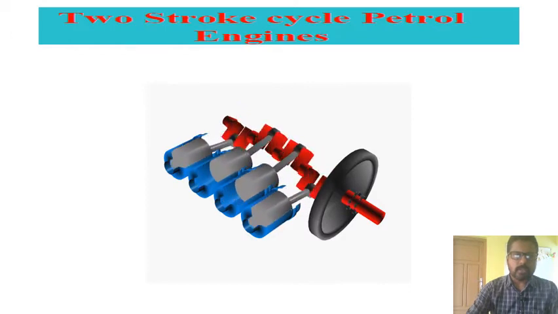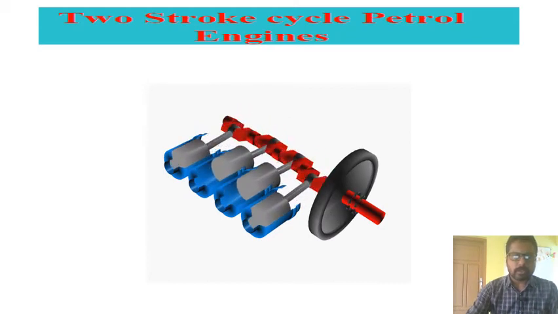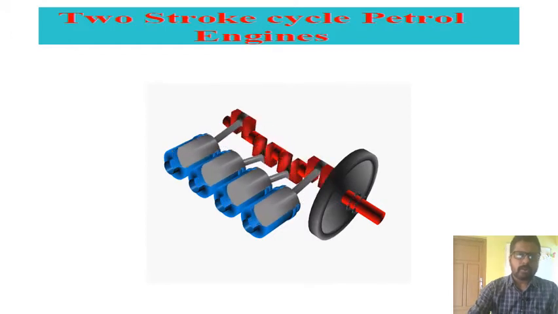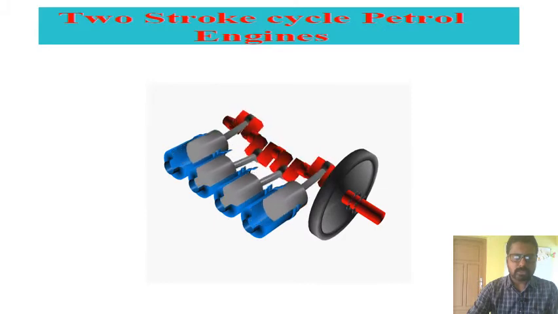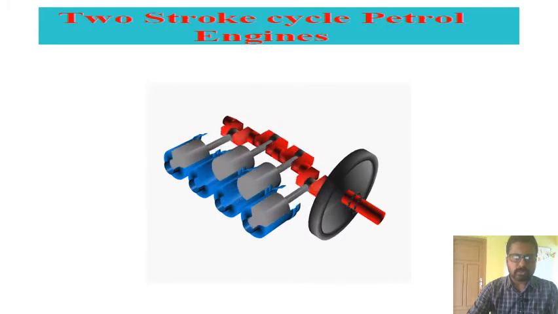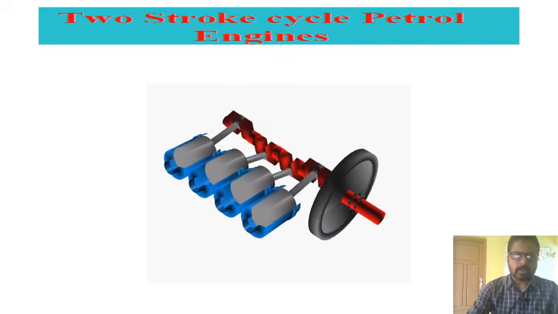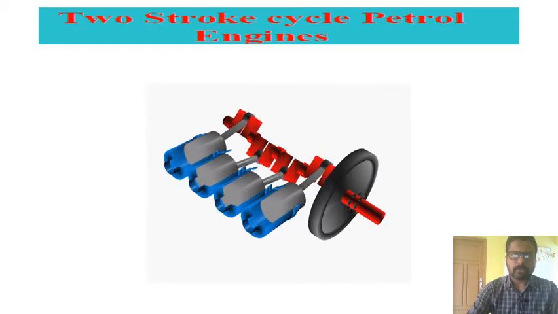This is the flywheel. This crank, connecting rod, piston, cylinder, all these are the important parts of the engine. See how the reciprocating motion is transformed into rotary motion. We can clearly understand those operations in this animated video.